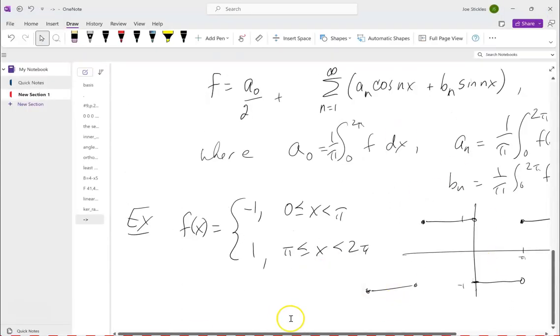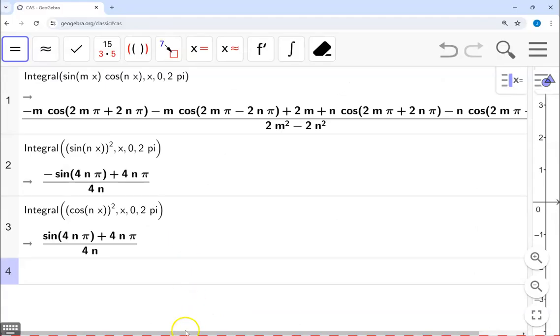Not that this would necessarily be that hard to do, but just to get you in practice for what we need to do. Notice that when we're doing the Fourier coefficients, I just need to integrate the function over the interval. And then I need to do the function times sine of nx over the interval, and then the function times cosine of nx over the interval, right?